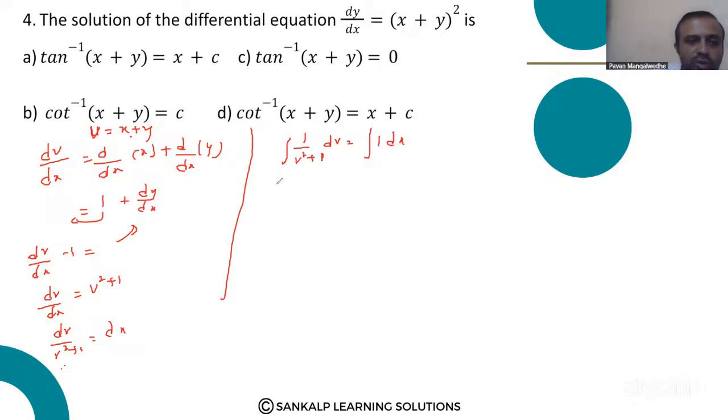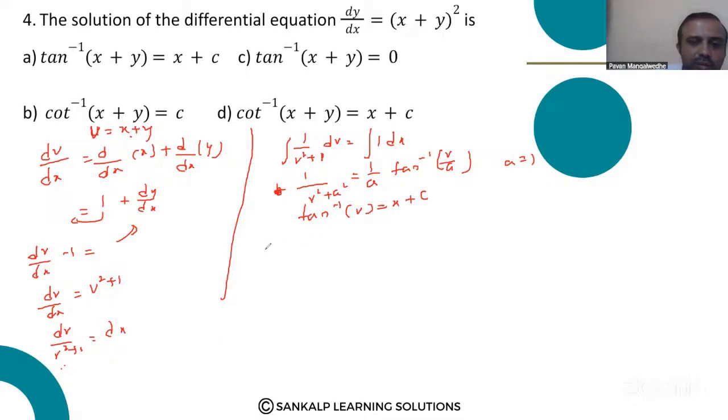The standard integral of 1 by v square plus a square is 1 by a into tan inverse of v by a. Here a is 1. So tan inverse of v is equal to x plus c.